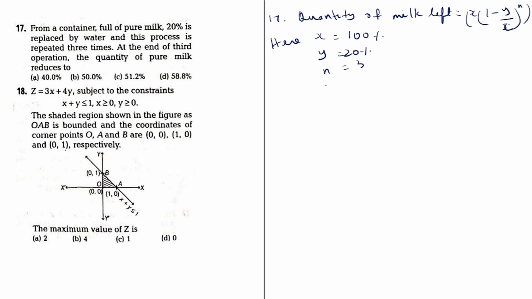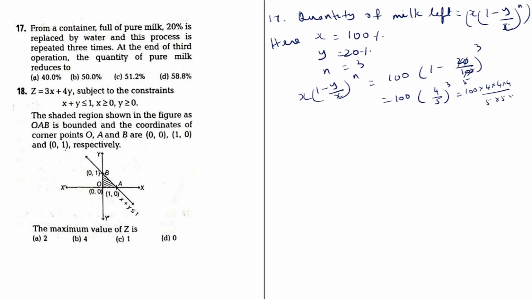So from this, the quantity of milk left, x into 1 minus y by x the whole raised to n, is equal to 100 into 1 minus 20 by 100 the whole cube. So this is 100 into 1 minus 1 by 5, which is 4 by 5 the whole cube. So it is 100 into 4 into 4 into 4 upon 5 into 5 into 5.